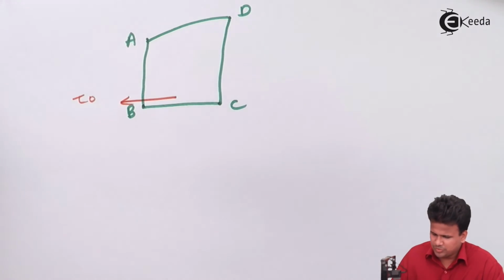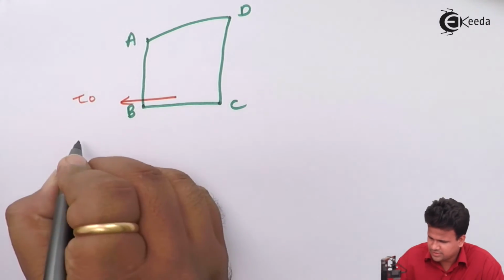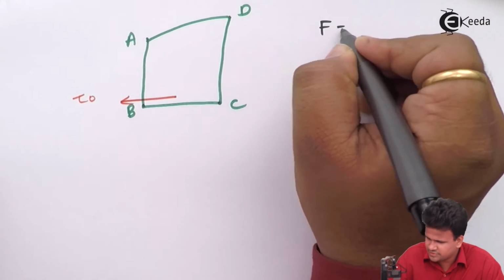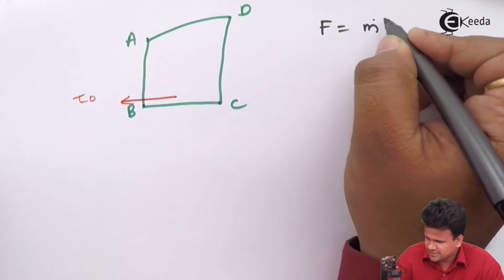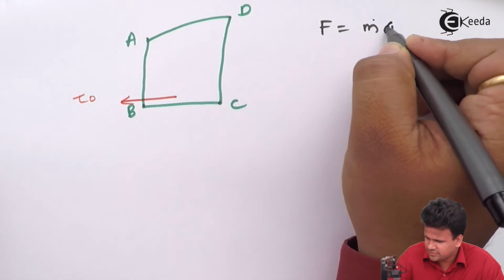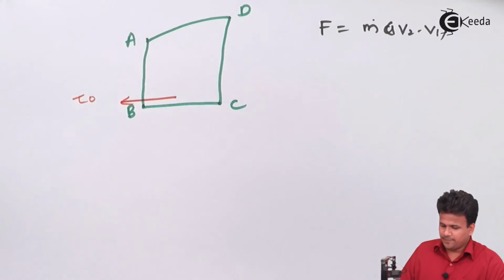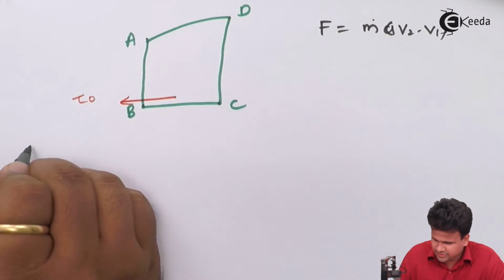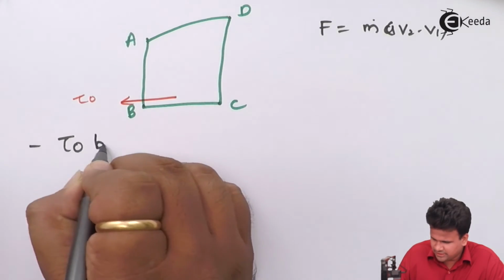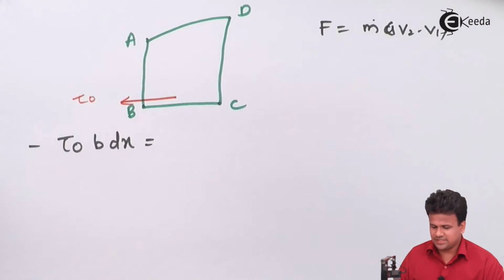The force is equal to mass into acceleration, or m dot into (v2 minus v1). So this can be written as minus tau into b into dx, which is the left hand side.